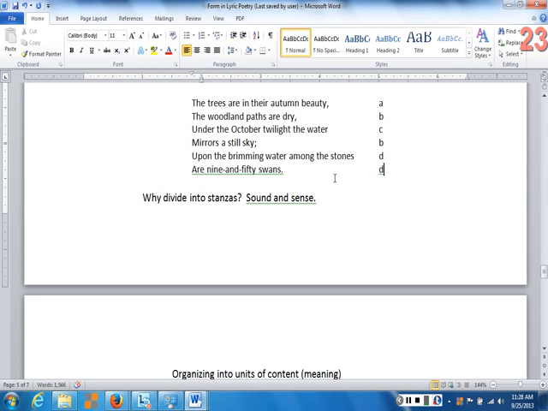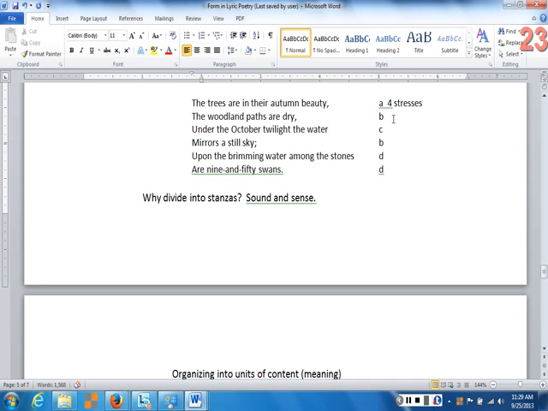Now, the other thing I want to point out here that we haven't noted yet is that very often stanzas will vary in the length of the lines. So, line 1, the trees are in their autumn beauty. That is a line of 4 stresses.